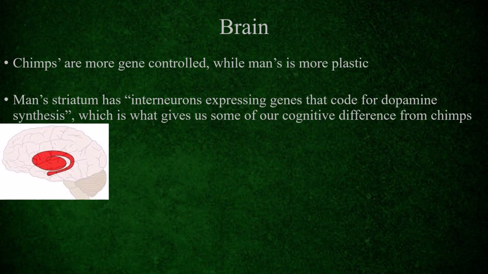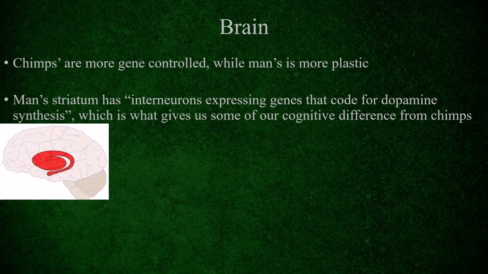Also, the human striatum, if I pronounce it right, which is that red highlighted area in this picture, has interneurons, which, by the way, are nerve cells that connect nerve cells used for the senses to nerve cells used for mobility, i.e. motor skills.